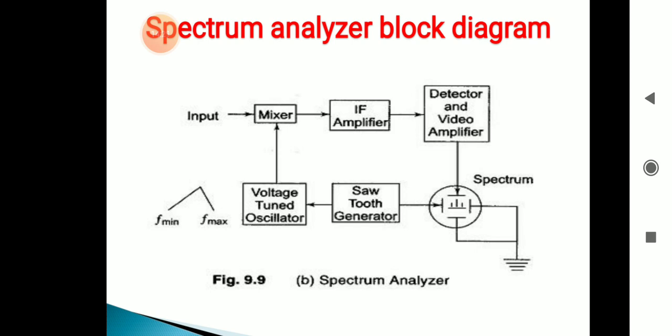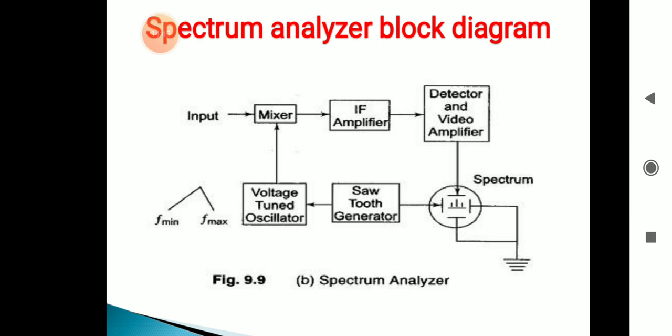The output of the voltage tuned oscillator is used to beat with the input signal and produce the IF, that is the intermediate frequency. It may be in the form of megahertz. The frequency component and the voltage tuned oscillator frequency beat together to produce a different frequency, that is the IF, intermediate frequency.